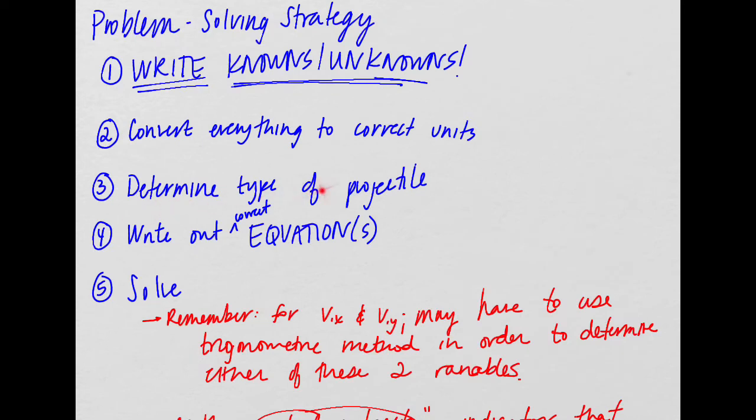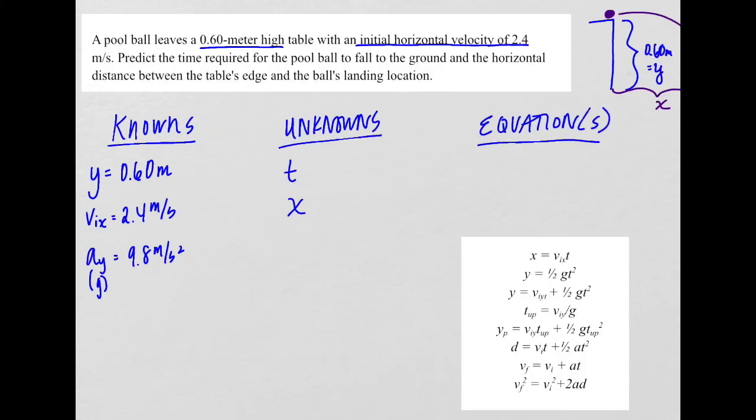Now we're going to determine the type of projectile. So, is this a dropped projectile? No, it is not dropped. It's not a dropped or a thrown projectile, right? It's hit off of the table with only an initial horizontal velocity. That means that it's not going upward.